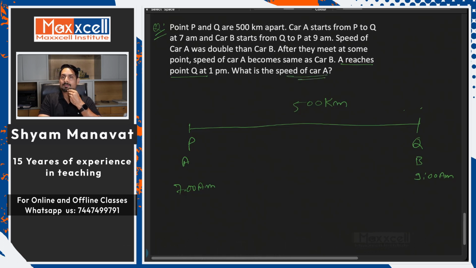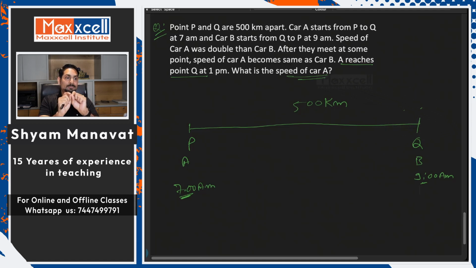Now, we have discussed a very similar, not exactly the same, type of case, when this fellow starts at 7 and this fellow starts at 9. First, we need to see, this is a case of pure relative speed, right? Two objects are moving. But when do you have two objects moving?